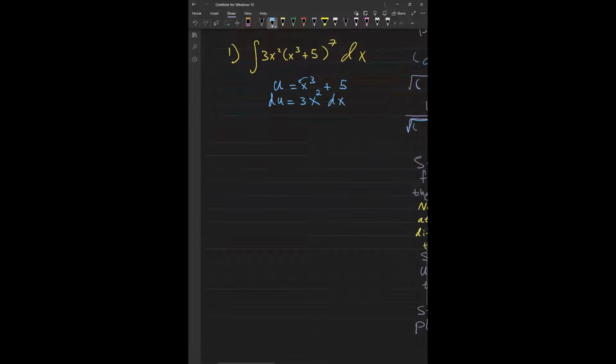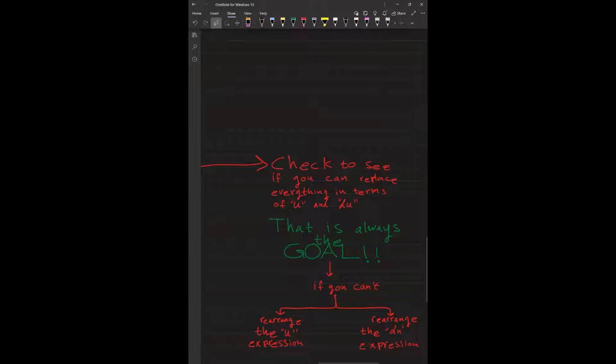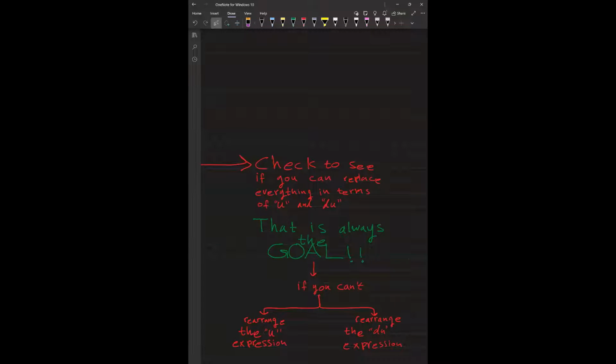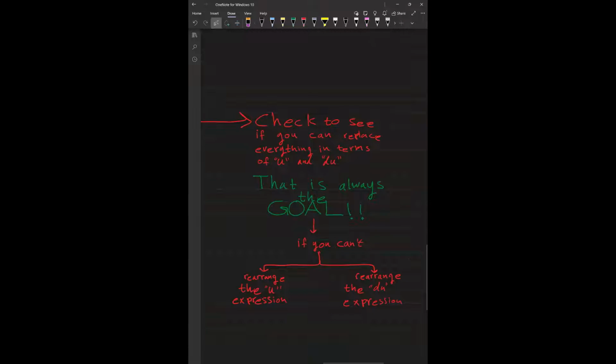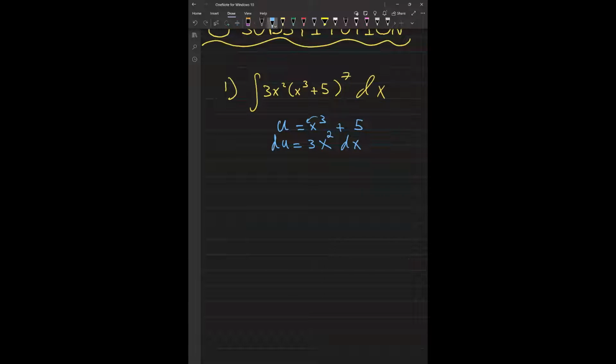Now, this is the most important part: check to see if you can replace everything in terms of u and du. That is always the goal. So let's take a look. Can we replace everything with u and du?